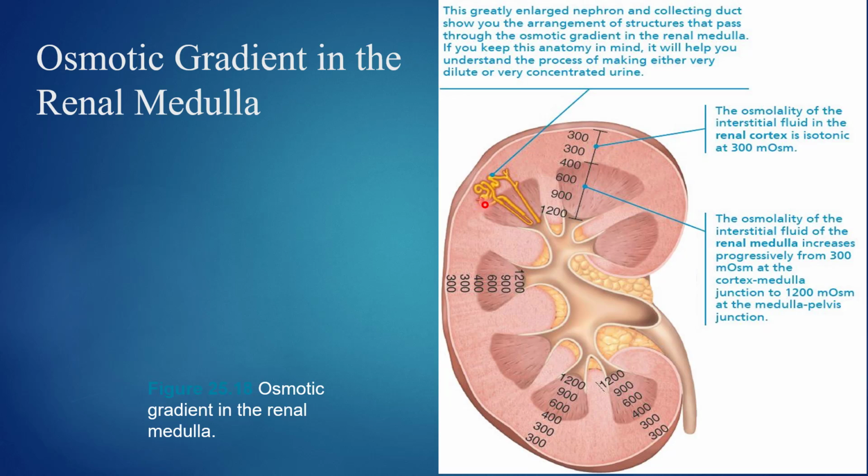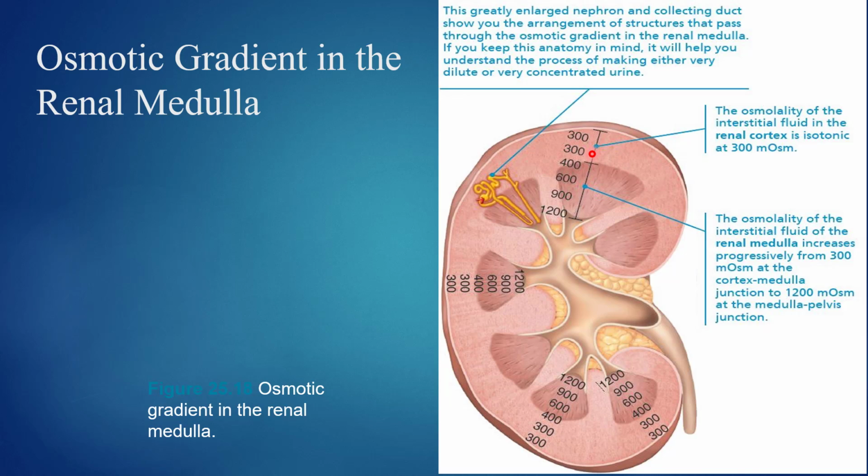Okay, so here's actually a picture of the nephron. Okay, and this is actually enlarged. Your nephron is really not visible like this, but it's just to show you the arrangement of the structures that pass through the osmotic gradient in the renal medulla. If you keep this anatomy in mind, it will help you understand the process of making very dilute or very concentrated urine.